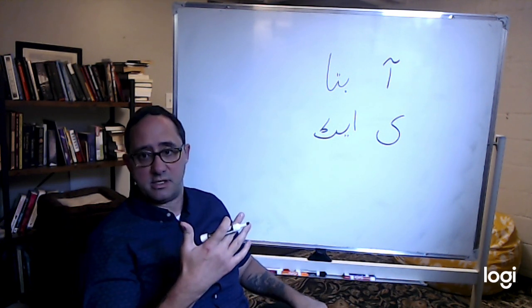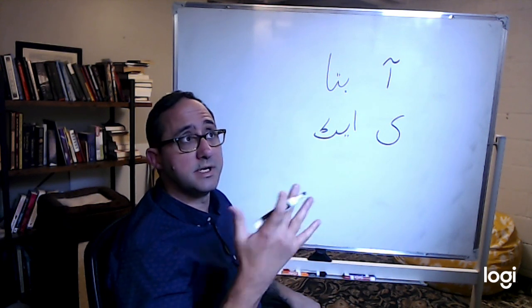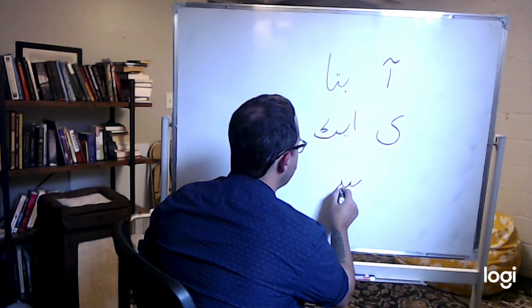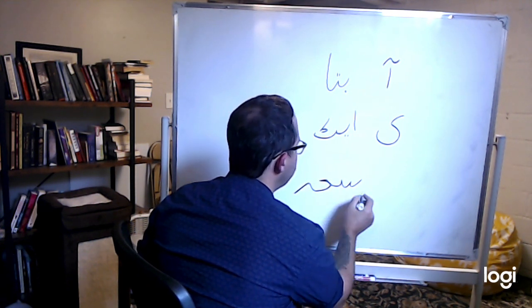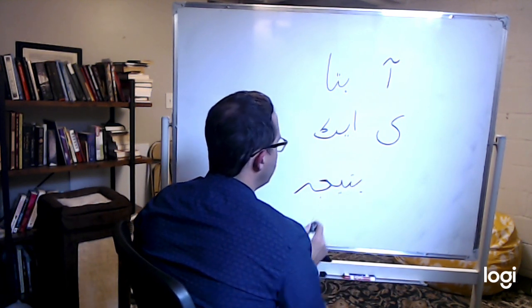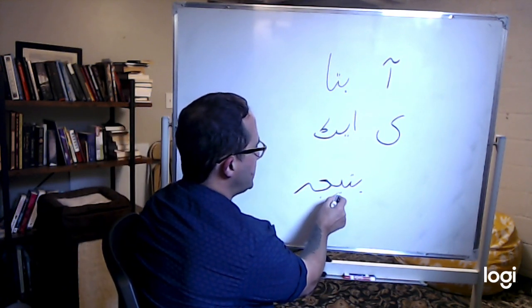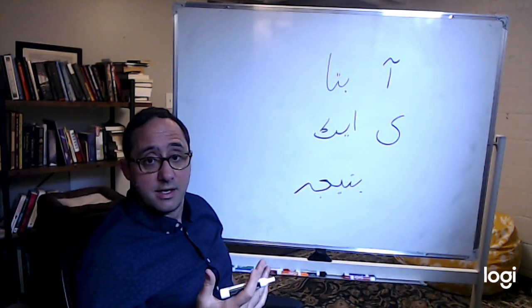Let's say batija, which is nephew. Batija. Here it is in the middle. It's this little hump with the two dots below it. What does it look like at the end?